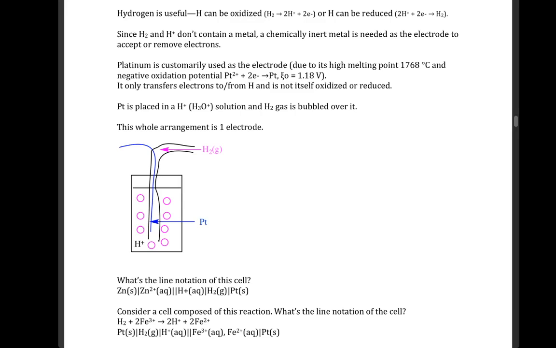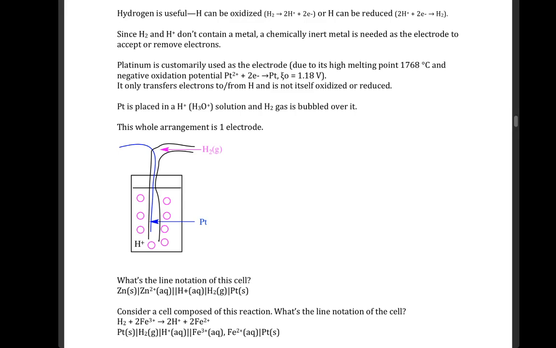Platinum is customarily used as the electrode due to its high melting point, 1768 degrees Celsius, and it really does not want to be oxidized. It does not want to be involved in the reaction. It has, as it turns out, a very high potential.